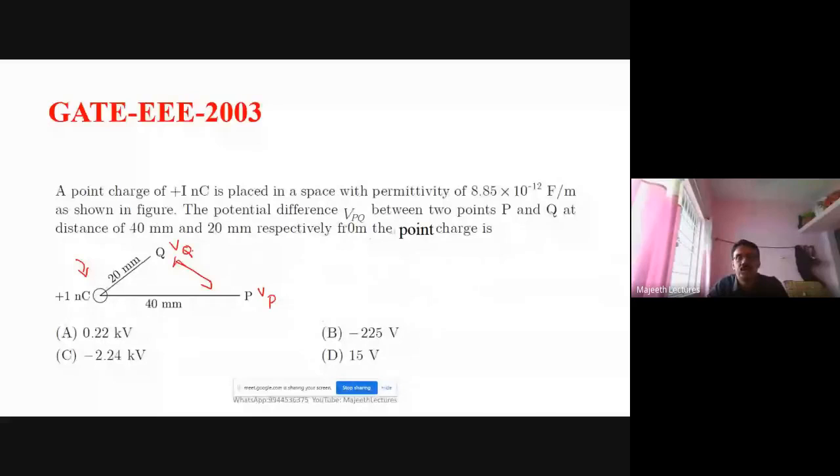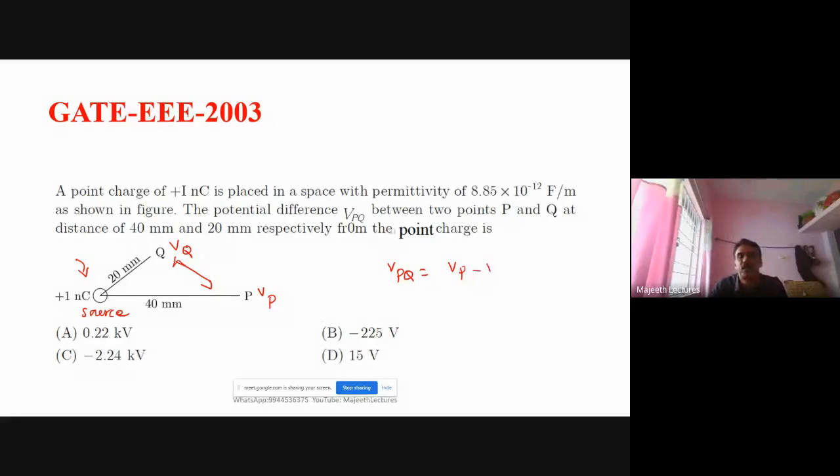The potential difference VPQ between two points P and Q, P is at a distance of 40 millimeter from the source. Q is at a distance of 20 millimeter from the source. So they ask what is VPQ, right? VPQ means it is VP minus VQ.